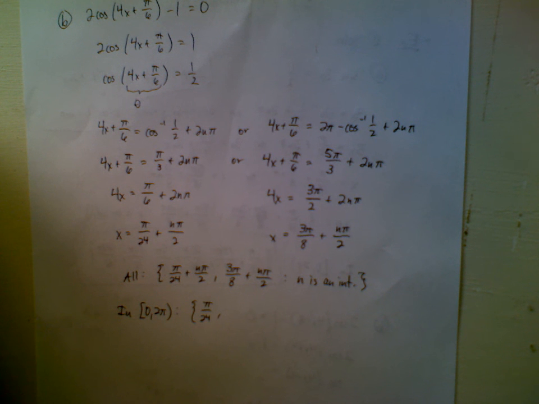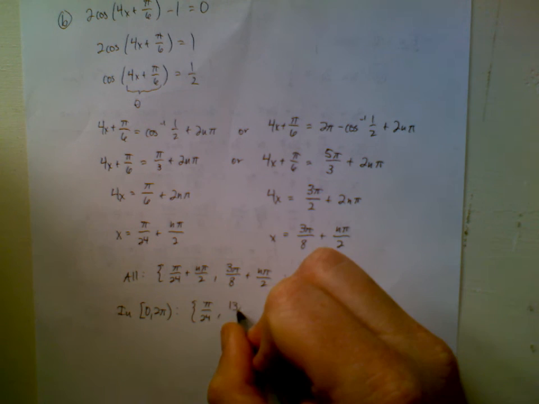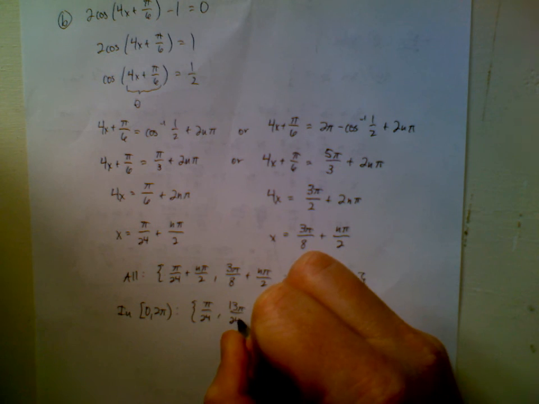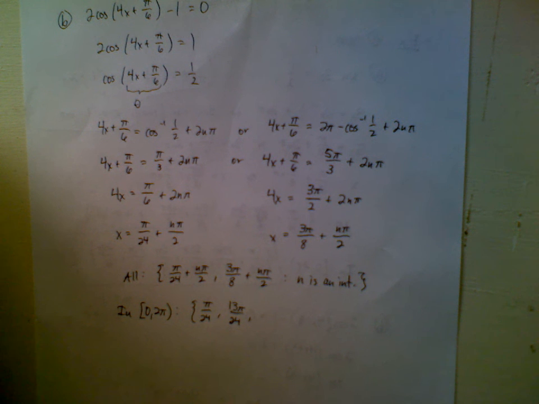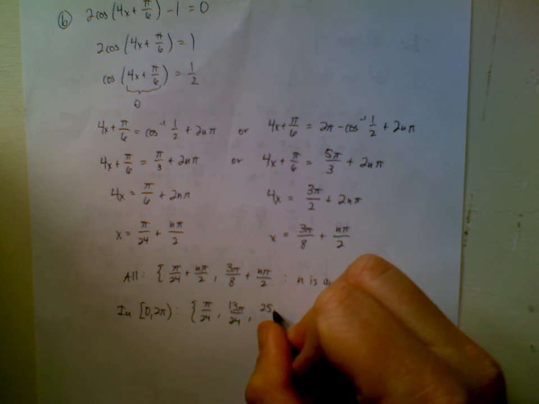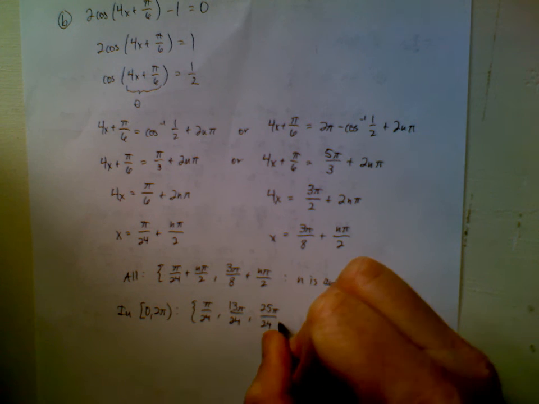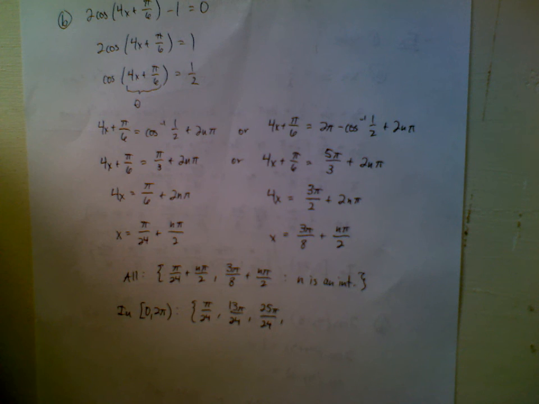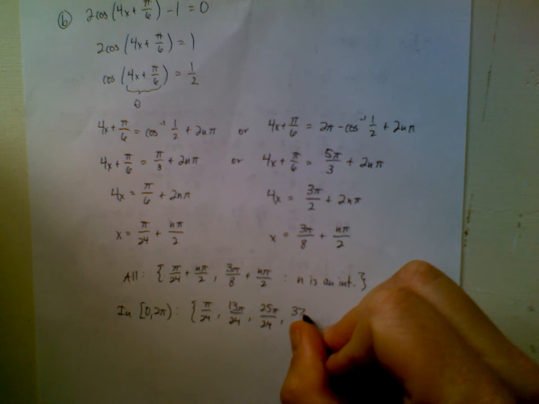If I plug in 1 for n, I get π/24 + π/2. That's 13π/24. If I plug in 2 for n, I get 25π/24. If I plug in 3 for n, I get 37π/24.